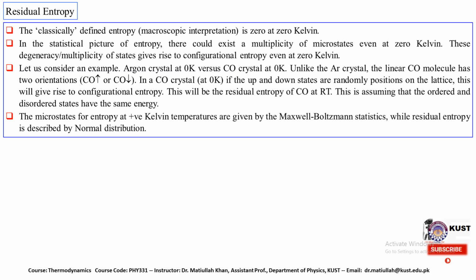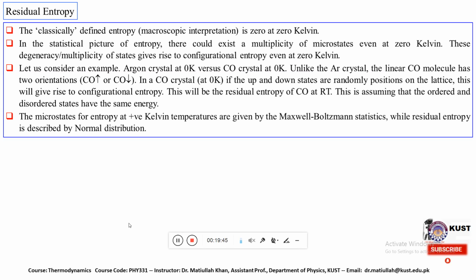In the statistical picture of entropy, there could exist a multiplicity of microstates even at 0 Kelvin. This degeneracy or multiplicity of states gives rise to a configurational entropy at 0 Kelvin.